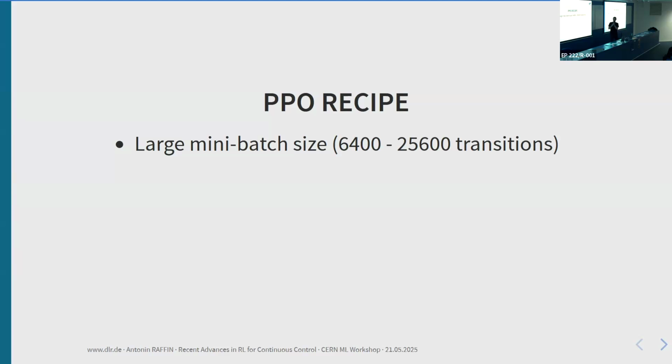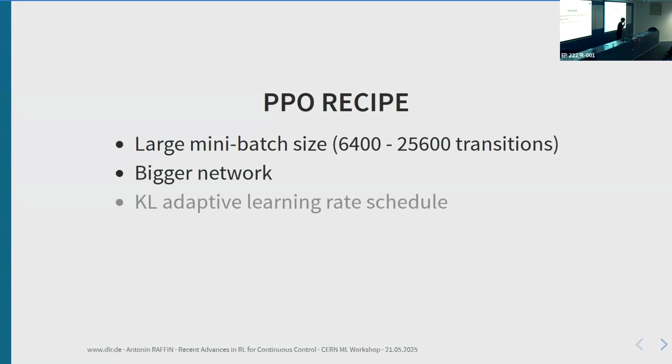The classic default tends to be 64, and here it would use a much larger mini-batch size, so using a lot of transitions in parallel, from 10 times more to 100 times more. It also uses a bigger network. And to adapt the learning rate, it uses a Kullback-Leibler divergence adaptive learning rate schedule.